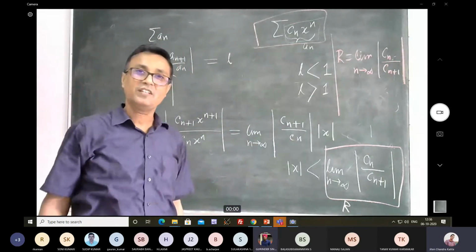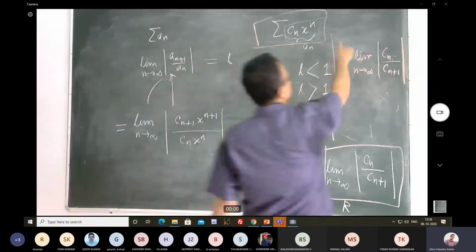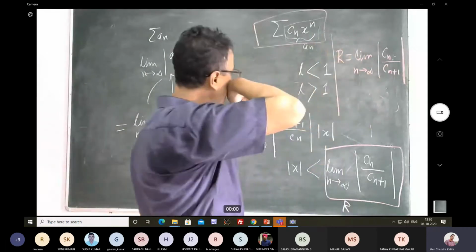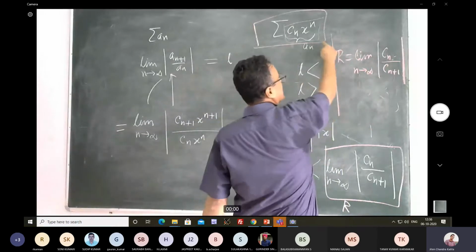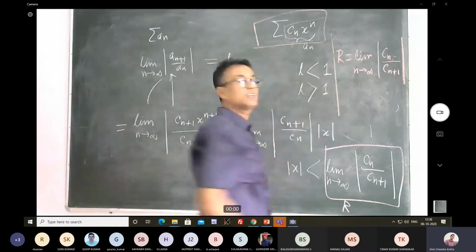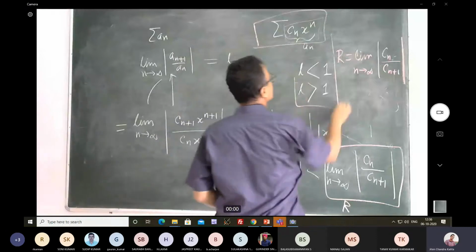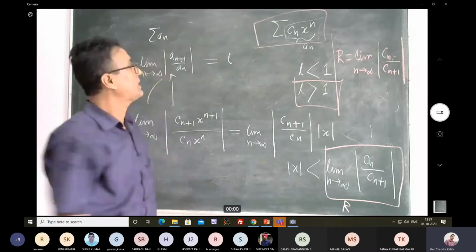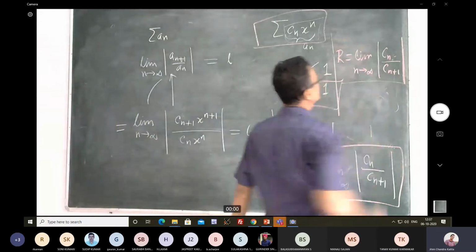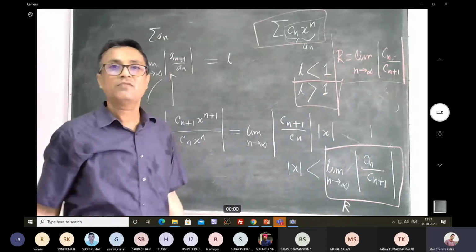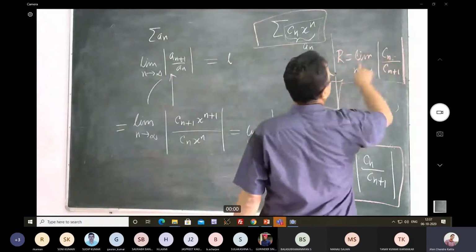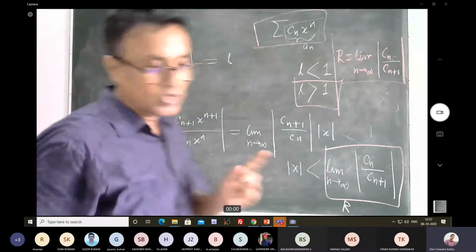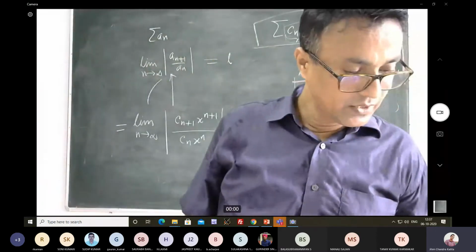Yes, because you know that if mod x is greater than R, the given series is going to diverge, and that corresponds to this equation. So from now onwards, whenever we find the radius of convergence of an infinite power series, I am going to stick to this. Okay, so this is about the ratio test.